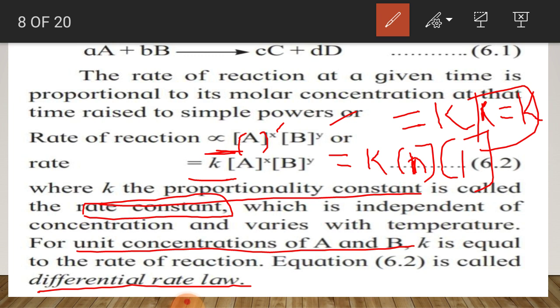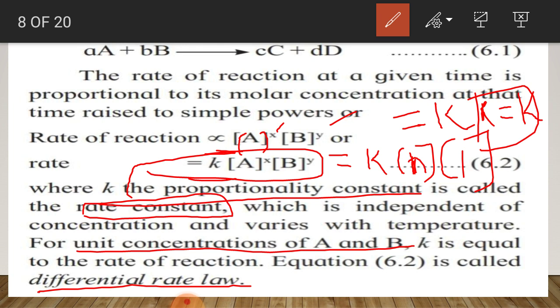When the concentrations of A and B are 1, K will be equal to the rate of reaction. So equation 6.2 is your differential rate law. Understood everyone, student? What is rate law?